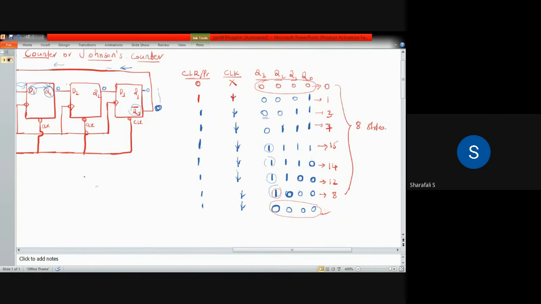Now, if you consider the number of states and number of flip-flops in this twisted ring counter or Johnson counter, in Johnson's counter the number of states is equal to 2n, where n is the number of flip-flops.